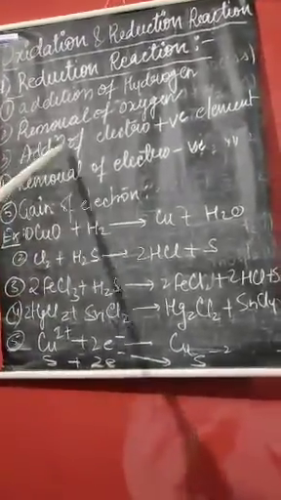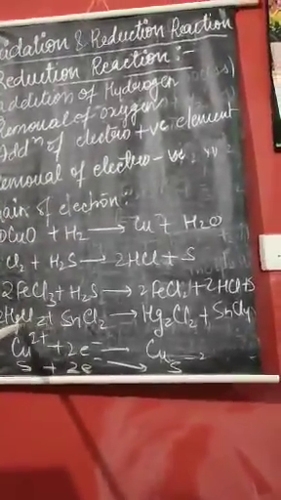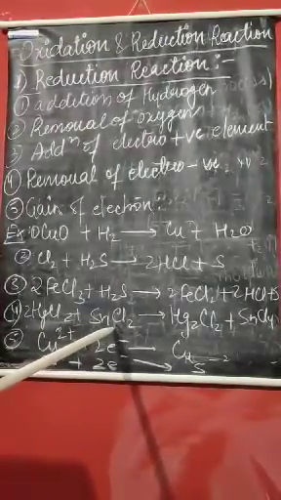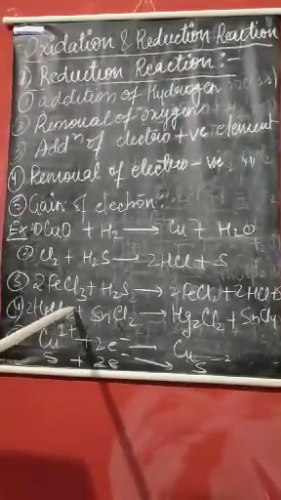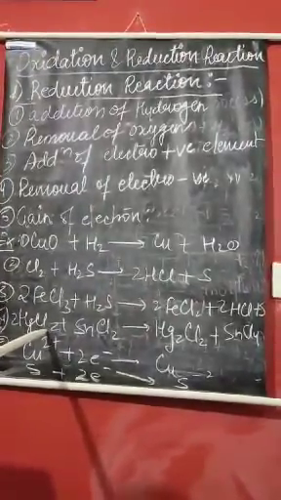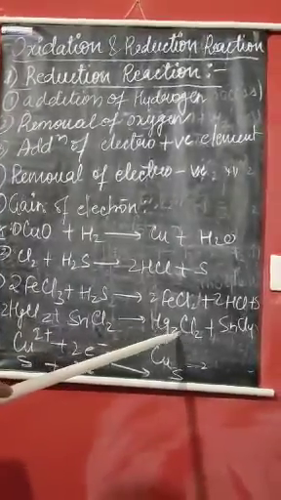Then third you see addition of electropositive element. Electropositive element, this is here. In this case there is addition of electropositive element, means more addition of electropositive element where mercury gains electropositive radical and mercury is forming mercury chloride.